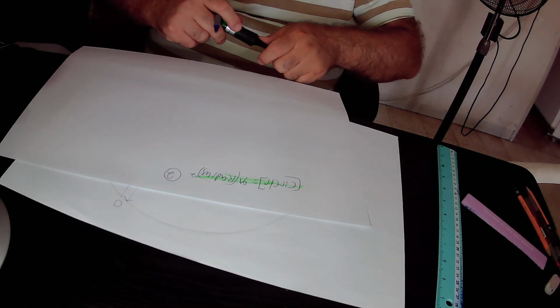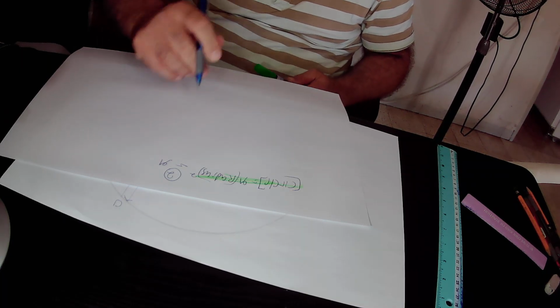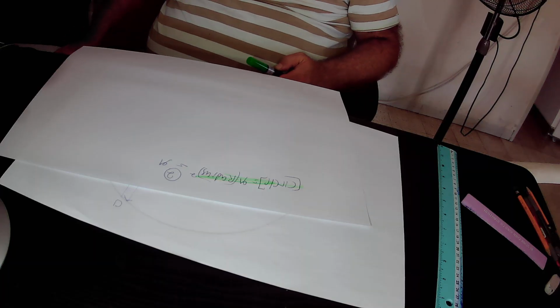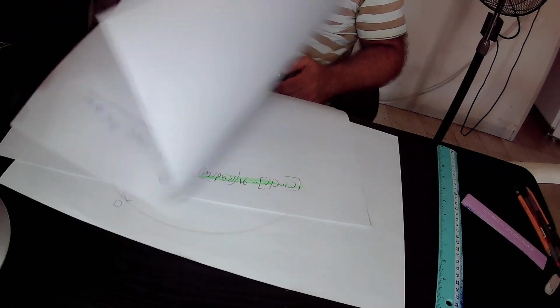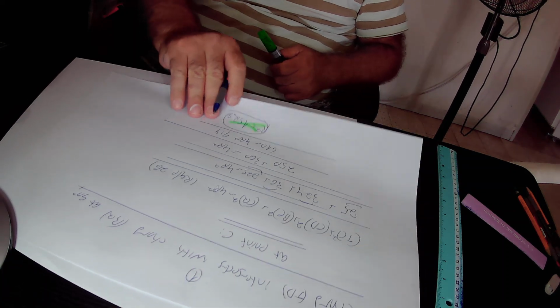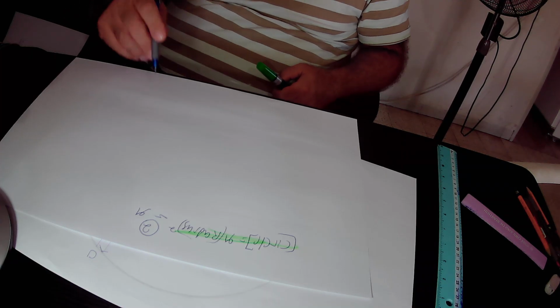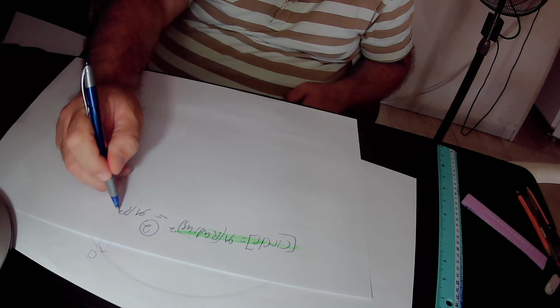Therefore, the area of our circle must be equal to pi times the radius of our circle squared. We already found that the radius squared is R squared, so the area of our circle must be equal to pi times R squared.